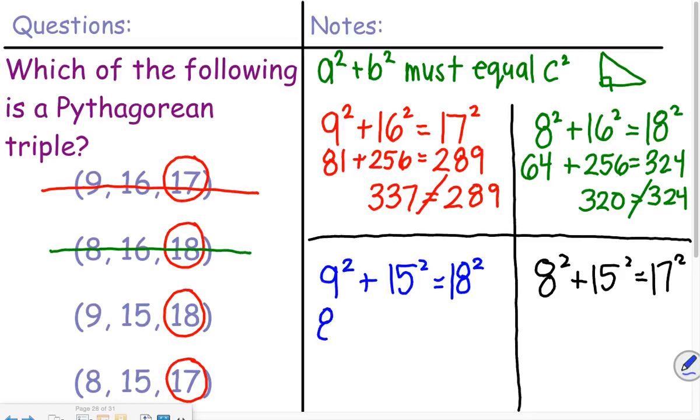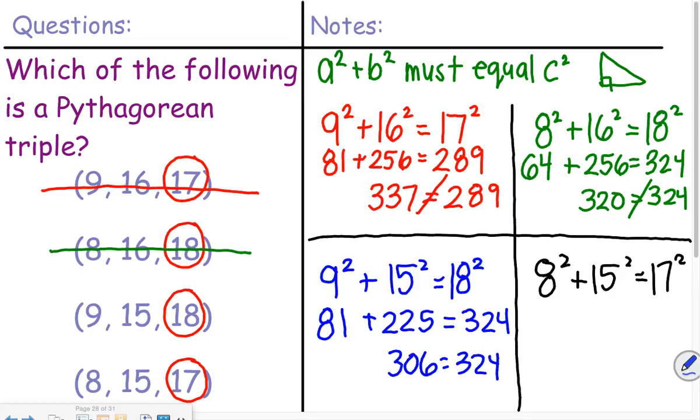Third one, 9 squared is 81. 15 squared is 225. 18 squared is 324. 225 plus 81 is 306. 306 does not equal 324.